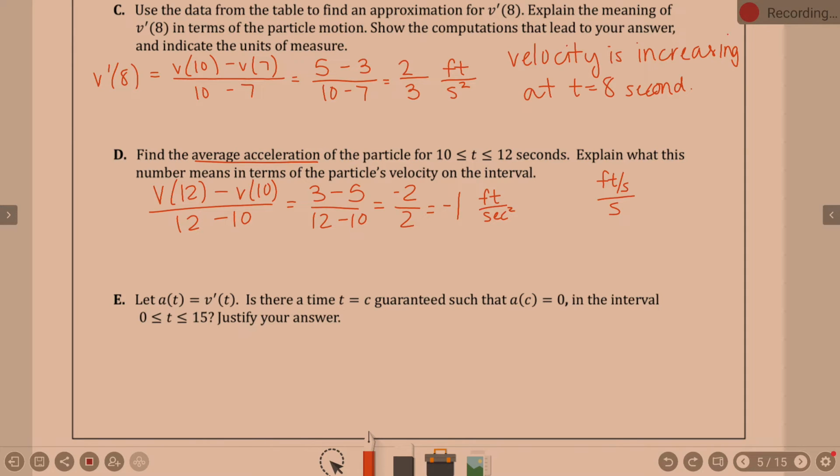Decreasing. Okay. So velocity is decreasing on average at a rate of 1 foot per second squared, or per second per second.